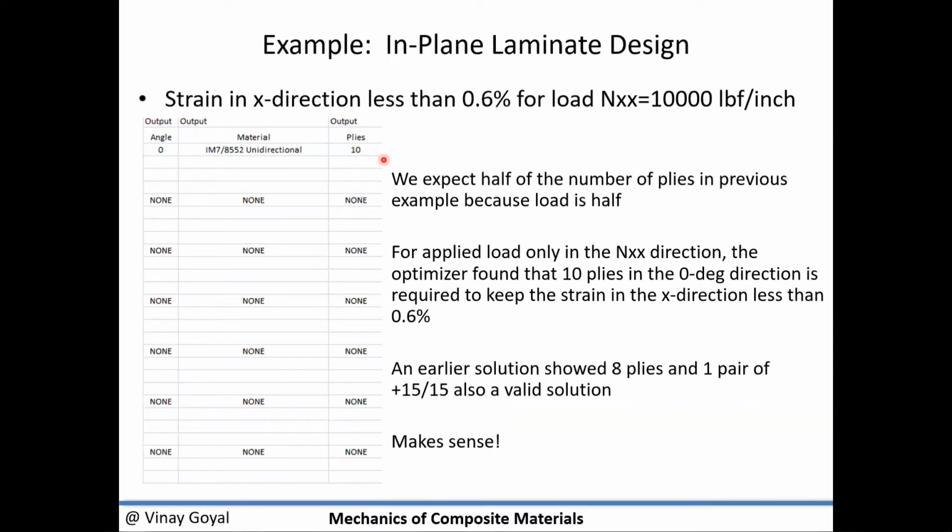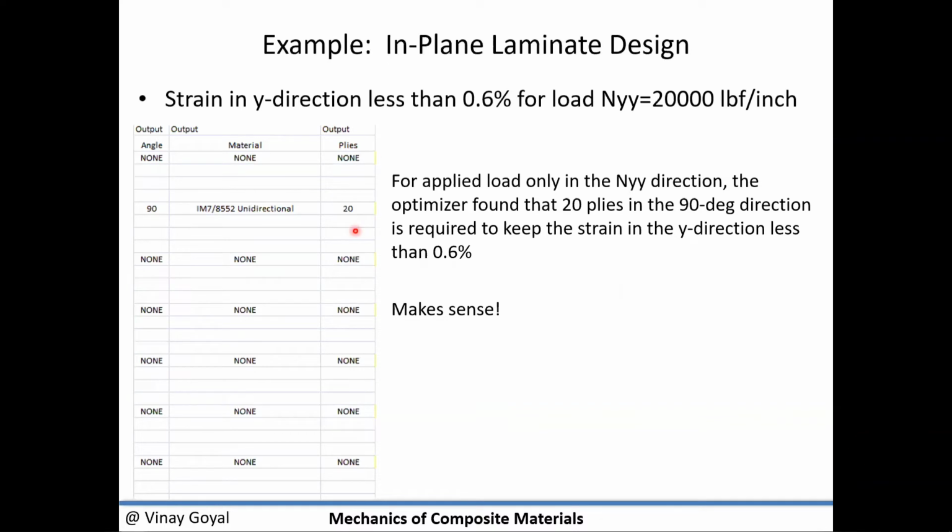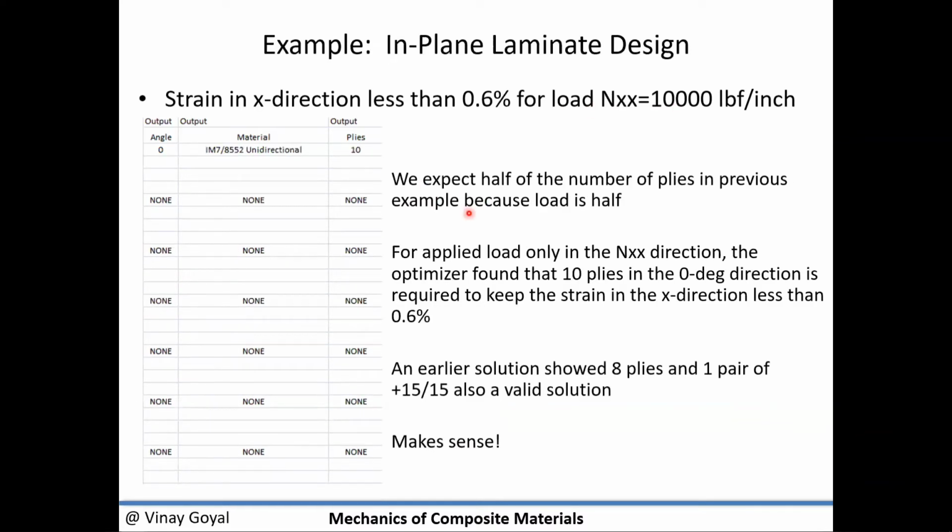That makes sense since it got cut in half, from 20,000 pounds down to 10,000 pounds. And it makes sense it went to 0 degrees because that is the primary loading direction. If I were to run the optimizer again, you could get even 8 plies at 0 degrees and 1 pair at plus/minus 15 degrees. That's also a valid solution to the problem.